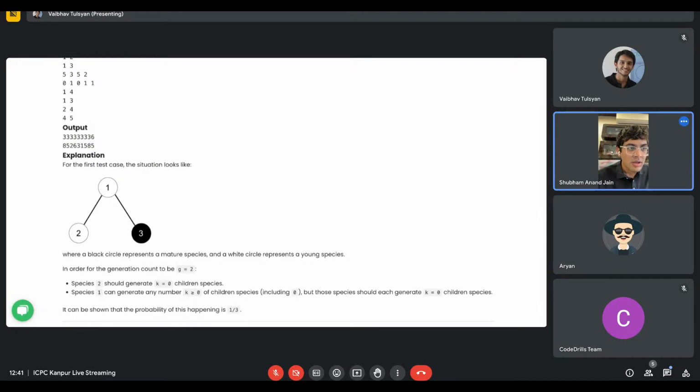What you can do is look at the length from species 1 to every young node and subtract that from G, and then find the probability that the length from this young node to its generation is less than or equal to G minus the length, and do some inclusion-exclusion there. Or just 1 minus some multiplications, basically. Everything else is easy.